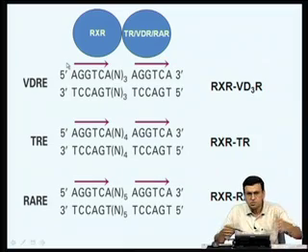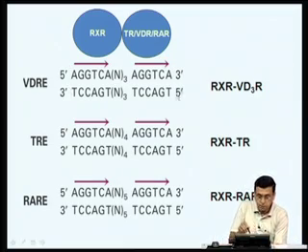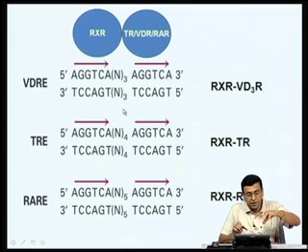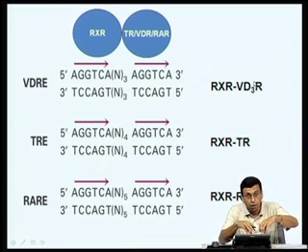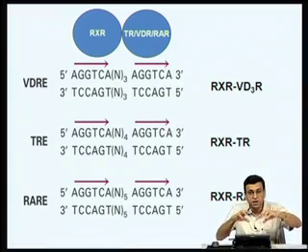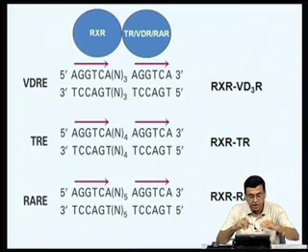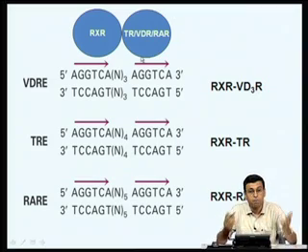By using a number of studies from a number of laboratories, it became very clear that of the 2 half sites present in the vitamin D response element, separated by a 3 base pair spacer, the RXR binds to the 5' half site and the vitamin D receptor binds to the 3' half site. So, the RXR-VDR heterodimer is the one that can bind to this DR3 element, whereas vitamin D receptor alone cannot bind.